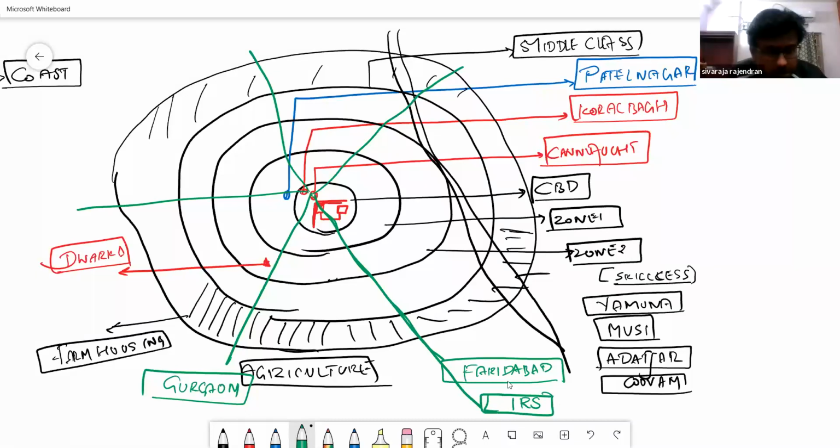If you become an IRS officer, the training center is in Faridabad, so any of your friends will be there to visit. When you move in this direction, you will see each zone change, from Connaught Place to the next zone and the next. Here you will see agriculture, and in this agricultural zone is where all the thermal power plants are.